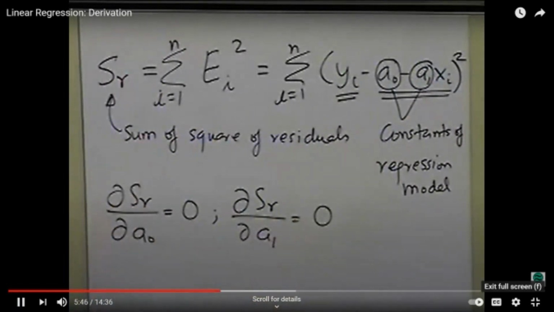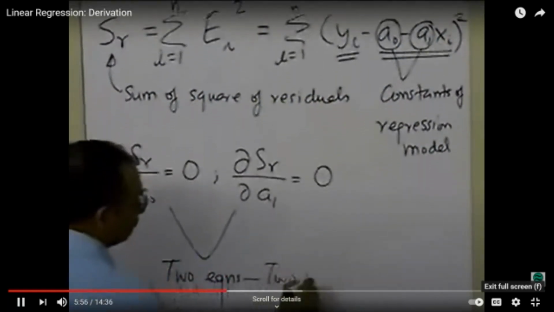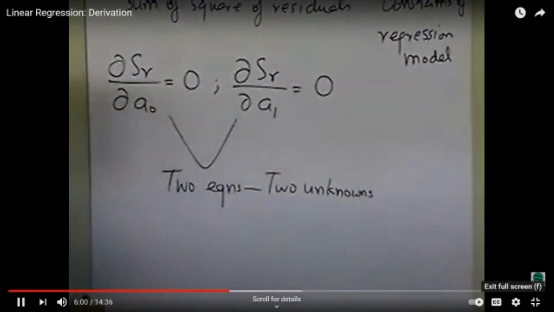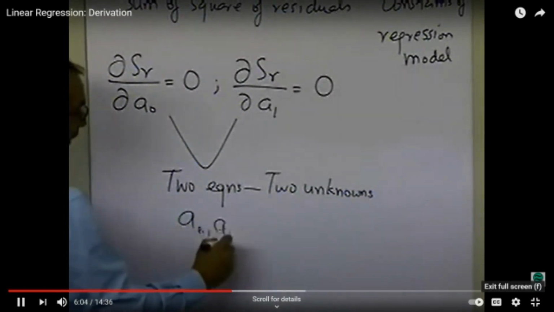Once I put those equal to zero, I'll get two equations and two unknowns, and I'll be able to find what a0 and a1 are.